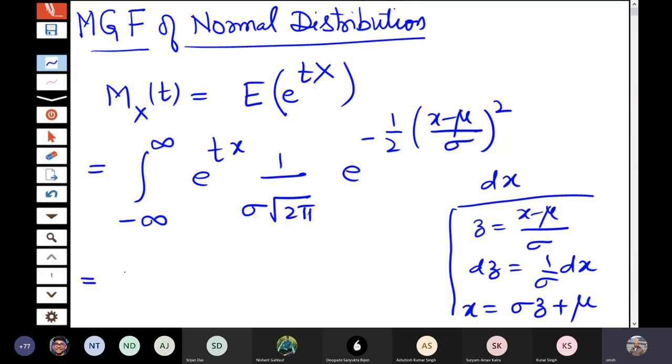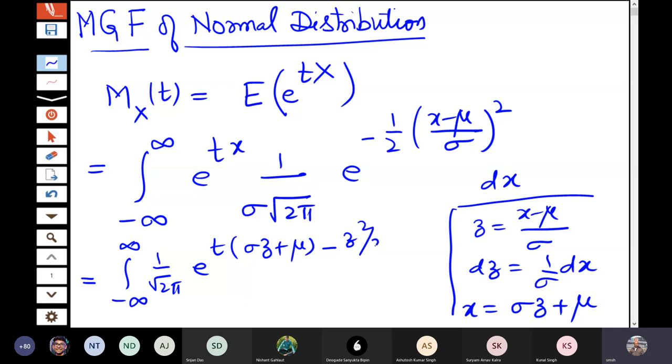So if you substitute this here, you will get 1 by root 2 pi e to the power t sigma z plus mu minus z square by 2.